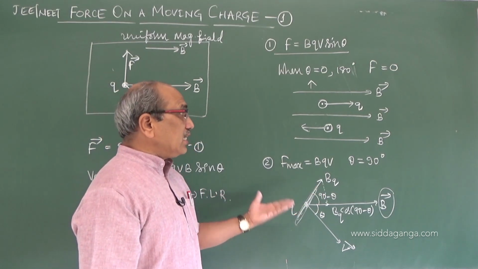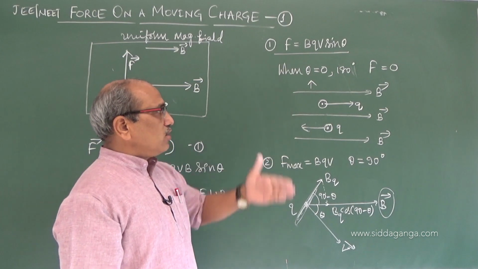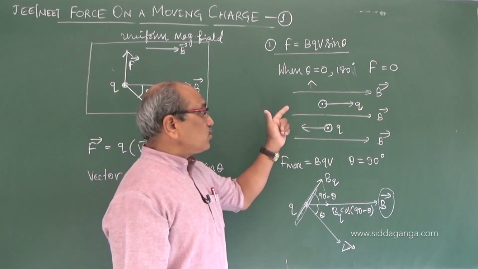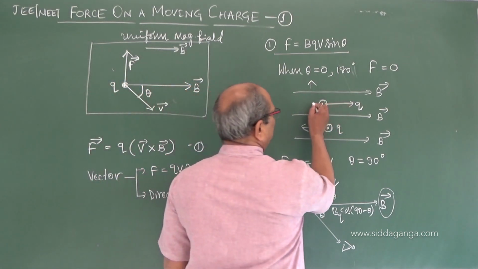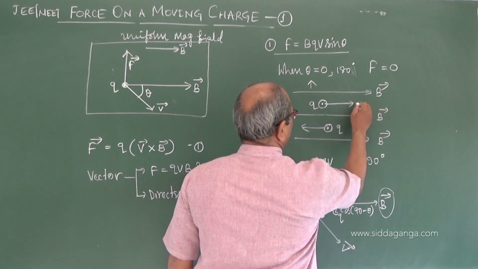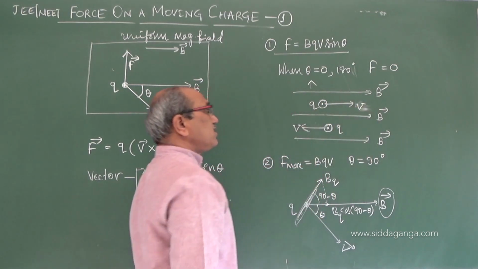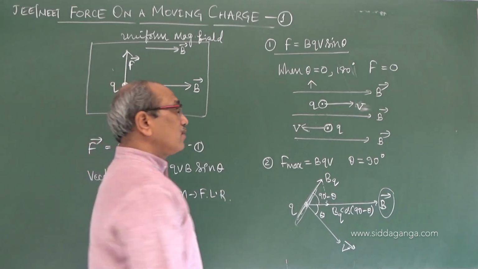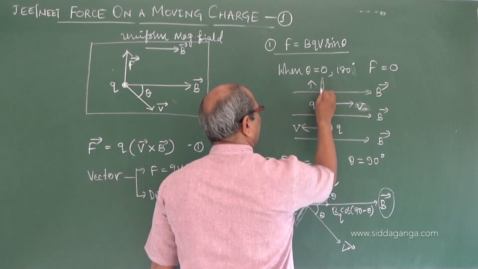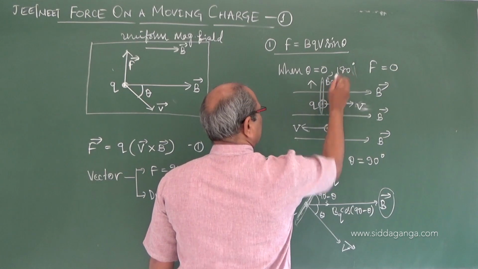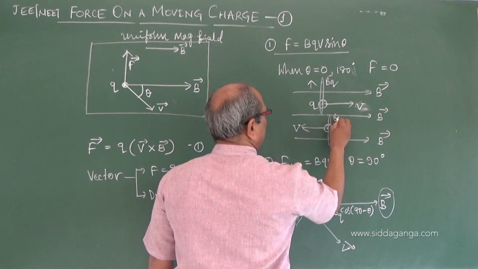How this may be cleared is, let us think what happens in this case. When the charge is moving parallel to the magnetic field, what is the direction of the field produced by the charge? It is perpendicular. It is the charge that produces the magnetic field.